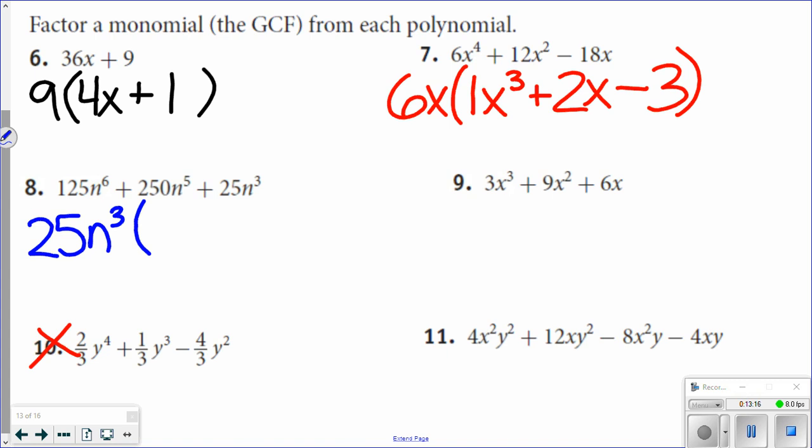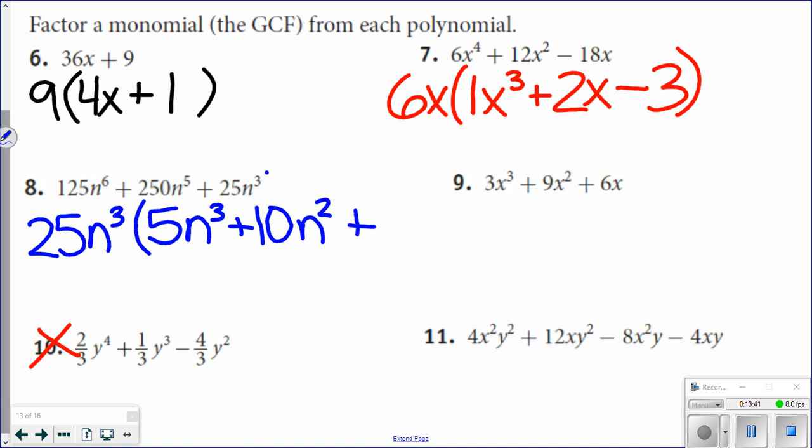So 125 divided by 25 is 5. And 6 minus 3 is 3. Plus 250 divided by 25 is 10. And 5 minus 3 is 2.